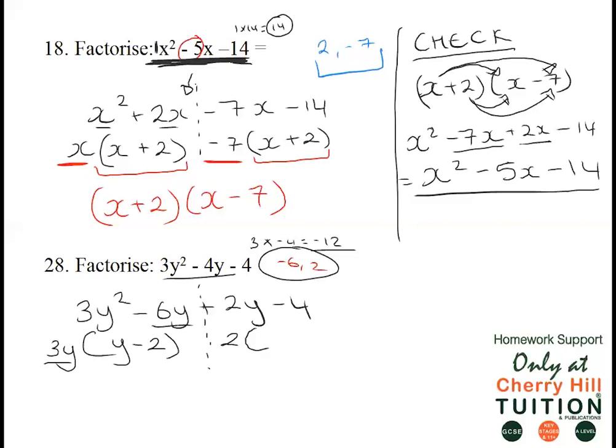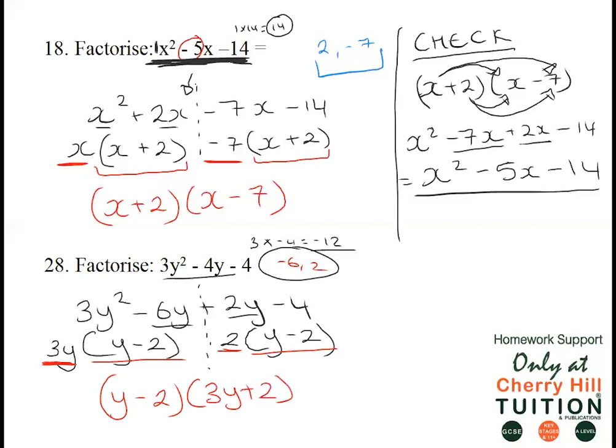So we multiply 2 with y in order to get 2y, and then we multiply 2 by minus 2 in order to get minus 4. So we can already see that we have the same brackets here. Therefore, our answer must be correct. So that is one of your brackets. And then your next bracket is what's on the outside. So 3y plus 2.